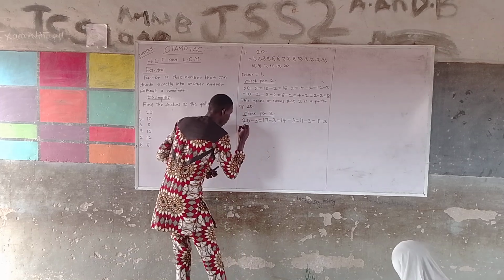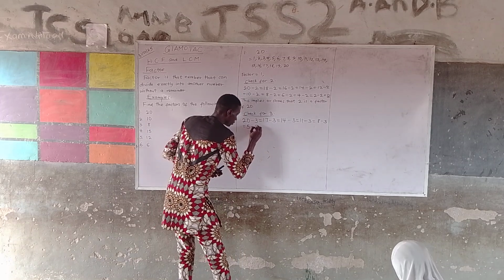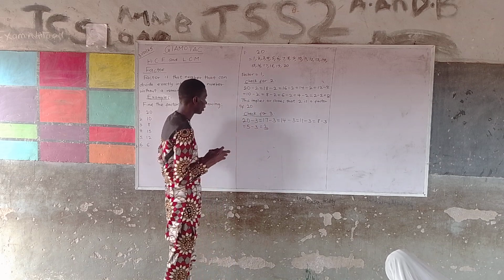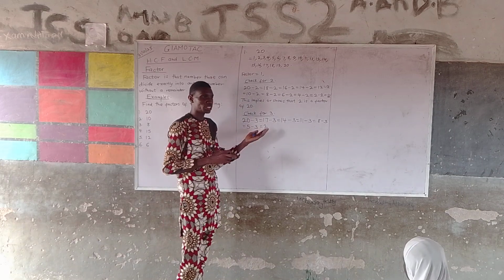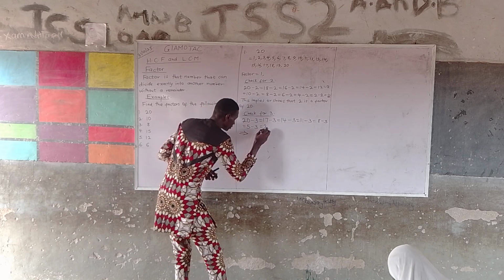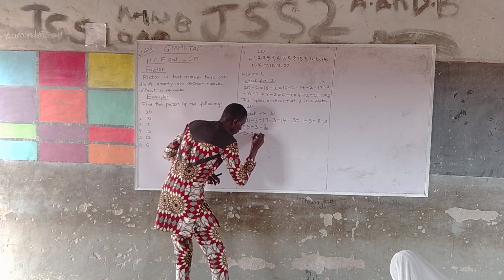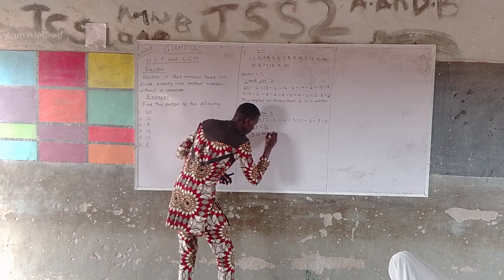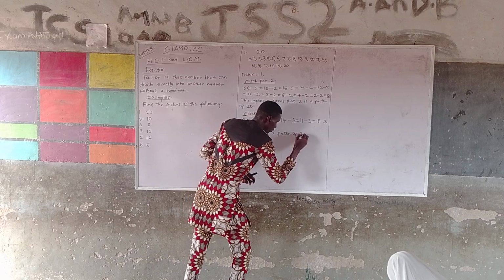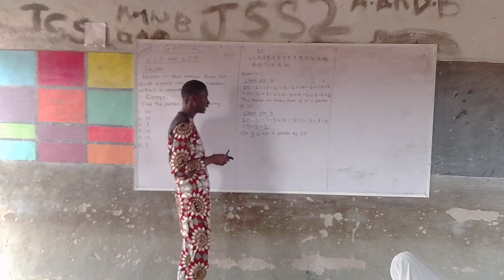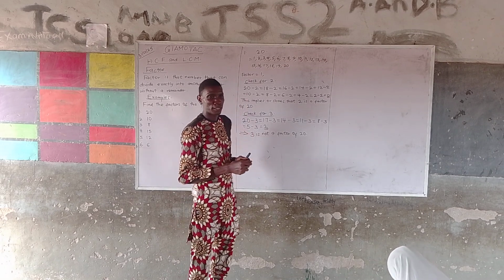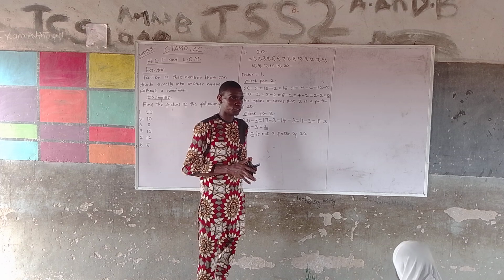Minus 3, that is 5. Minus 3, that is 2. We can see that 2 is less than 3, and 2 is not giving us 0. This implies that 3 is not a factor of 20. That is how we can discover if a number is a factor of the number given or not.